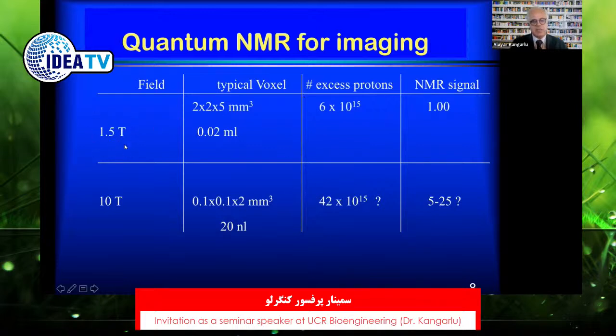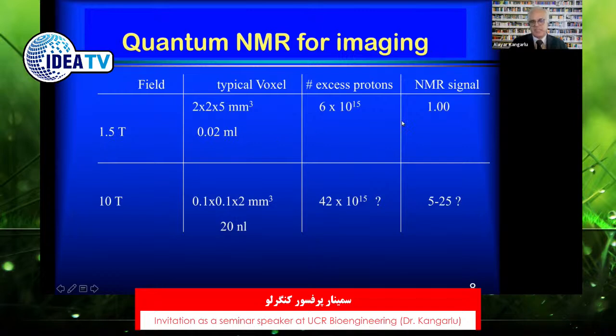magnets that operate at lower fields, 1.5 Tesla used to be the standard field strength of the clinical magnets. And at 1.5 Tesla, if you generate an image, a voxel of 2 by 2 by 5 cubic millimeters, which if you convert it to milliliters is about 200th of a milliliter, will have this many excess protons in it, something of the order of 10 to the power 15 protons per 0.02 milliliter volume.